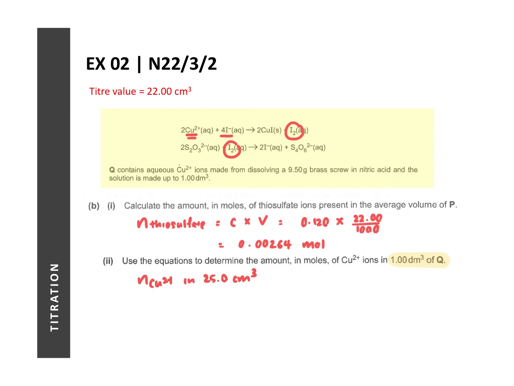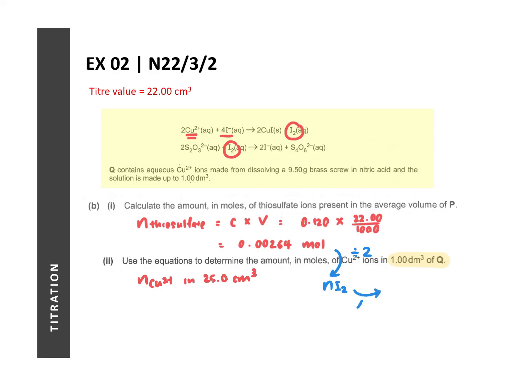So in order to find the number of moles of copper ions, we need to compare the mole ratio 2 times. Now that we have found the number of moles of thiosulfate, we need to divide by 2 to find the number of moles of iodine. And from the number of moles of iodine, to find the number of moles of copper, we need to look at the equation on top.